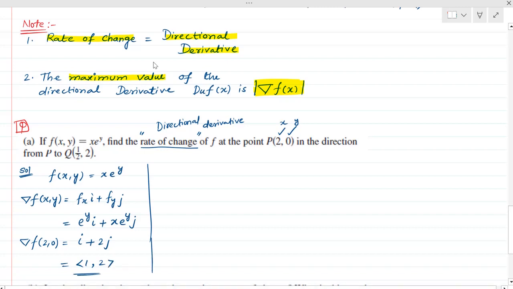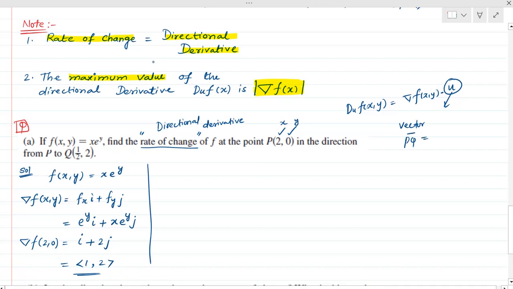Now I will calculate the next part. In order to calculate the directional derivative, we need this rule, right? The directional derivative is given by the gradient vector at the point dot u. In order to calculate the u, we need the directional vector. But for the directional vector, we need the two points, which are given.